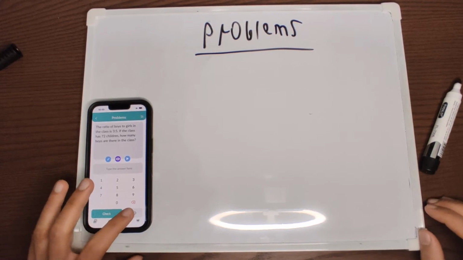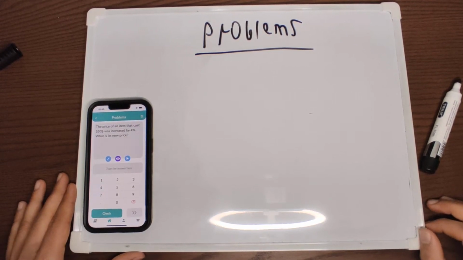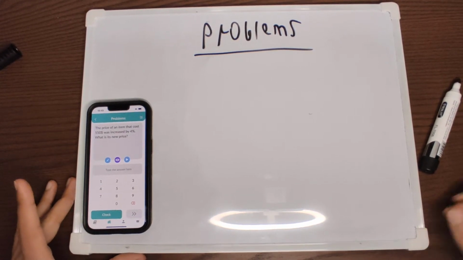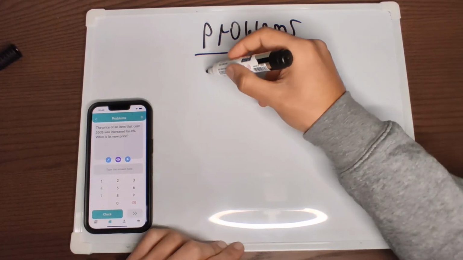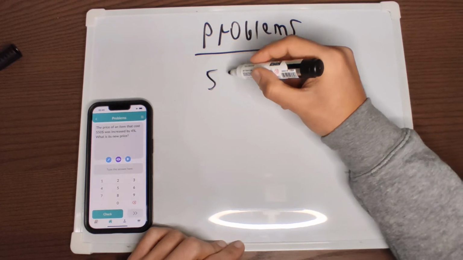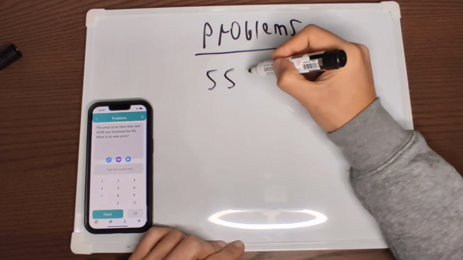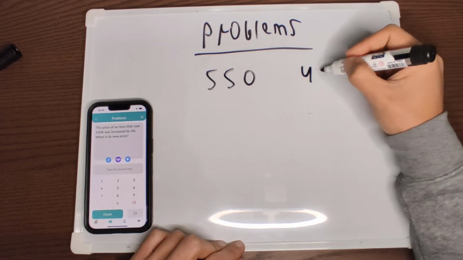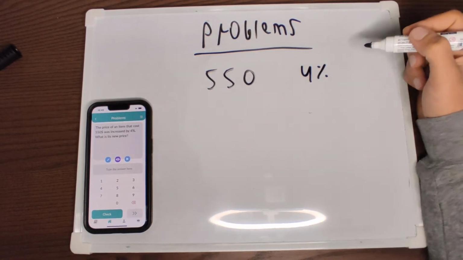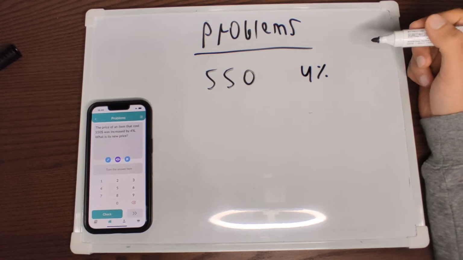Okay, this one is good. The price of an item that cost $550 was increased by 4%. What is its new price?